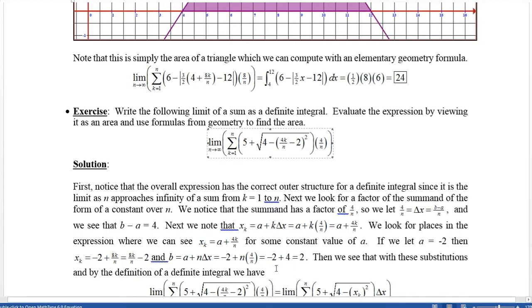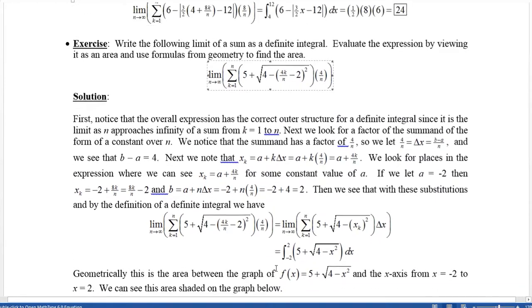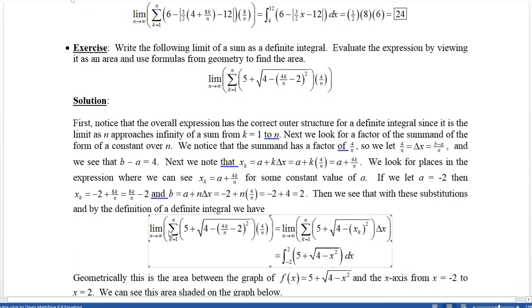Okay. And if we substitute these things in, let's see what we come up with. So, here's our original. We replace 4 over n by delta x, and we replace 4k over n minus 2 by x sub k.